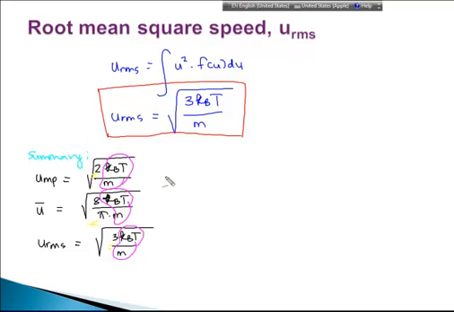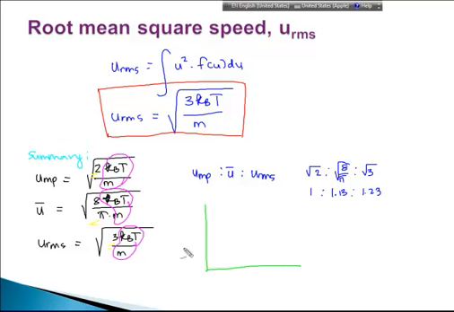And so if we write it down and take the ratio of these three, what we'll have is that the most probable speed with respect to the average speed and with respect to the root mean square speed is square root of 2 to square root of 8 over pi to square root of 3, or simply 1 to 1.13 to 1.23. This is consistent with what we saw earlier in the graph when I showed you the curve representing the function.